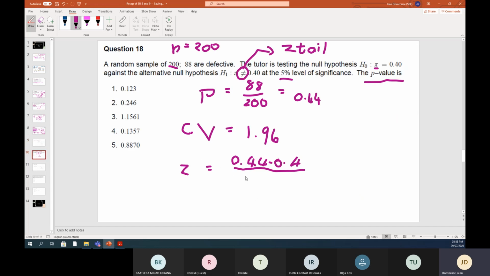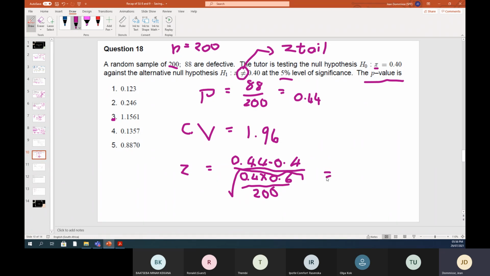So it is 0.4 times 0.6 divided by n, which is equal to 200. And we need to take the square root of that. Okay, if I look at my options, that is probably going to be my z value.